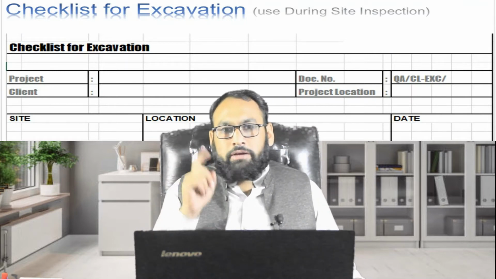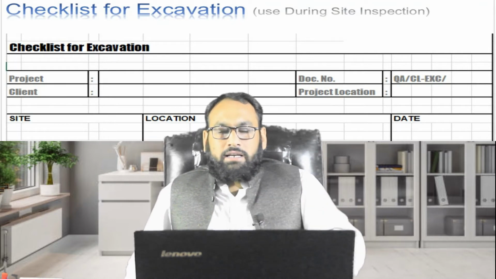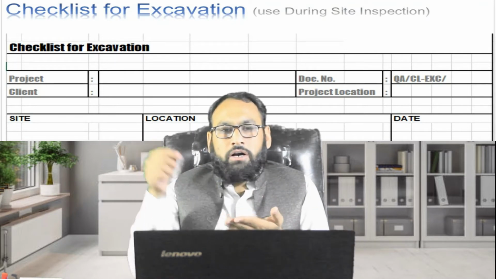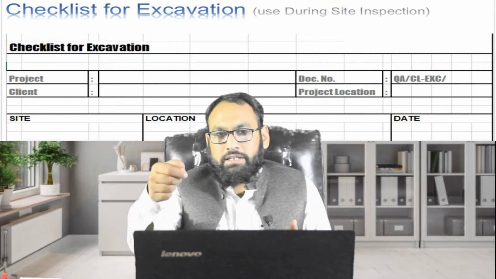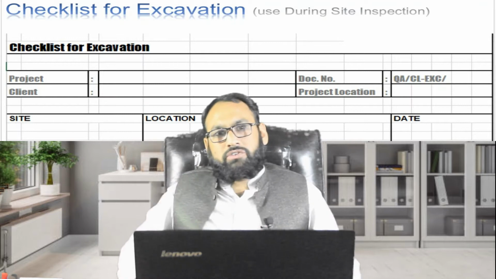So this is very important, so keep this checklist in written form and write it down in your diary for using these points during your site visits.